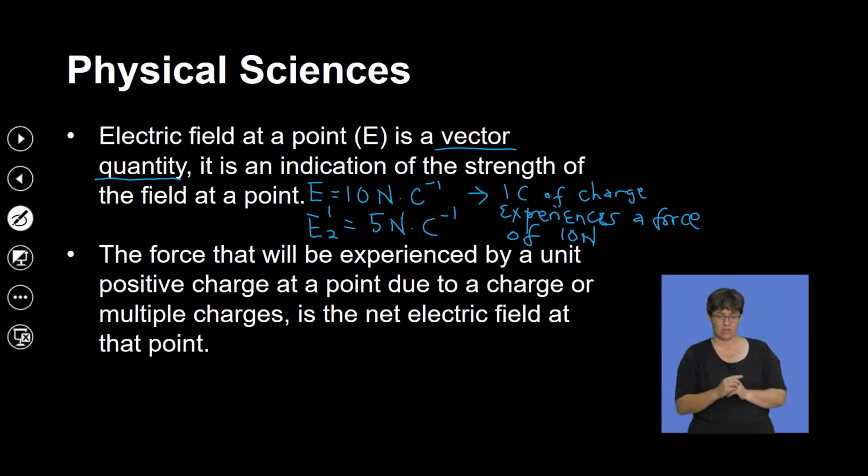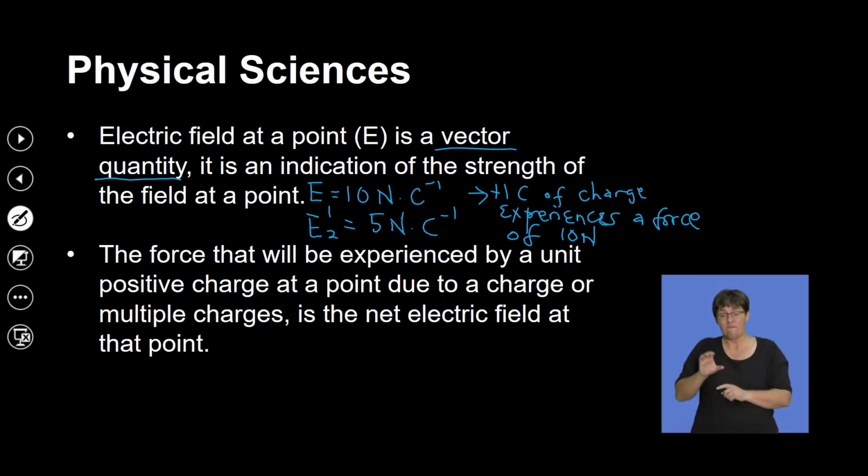So the unit positive charge, plus 1 coulomb, experiences a force of that magnitude at that point. That's very important, to bring understanding to these figures, the science behind the numbers. Equivalently, 5 newtons per coulomb at E2 would suggest that the force experienced by the unit positive charge is 5 newtons, which is half that at point number 1 in the same field.